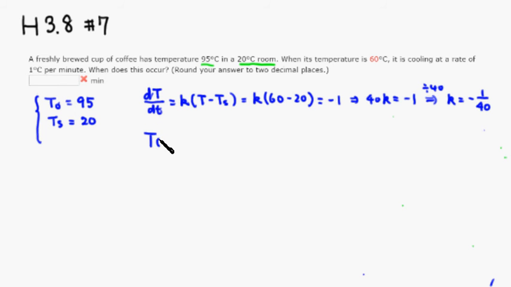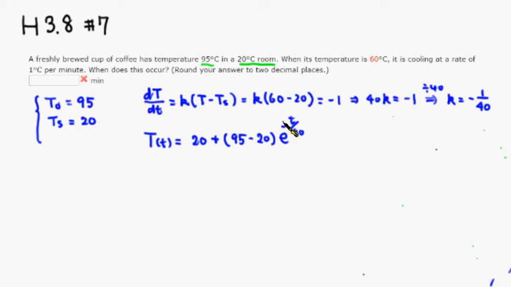The temperature function is equal to the surrounding temperature, which is 20, plus the initial temperature, which is 95, minus the surrounding temperature, 20, times e to the K, which is -1 over 40, raised to the t power.